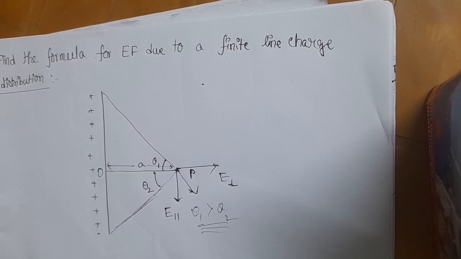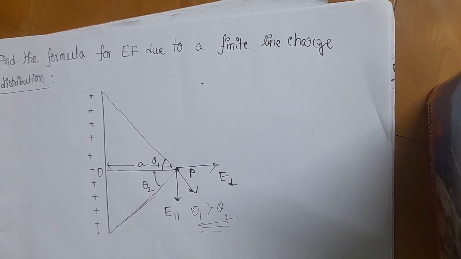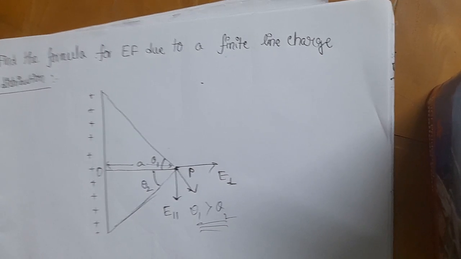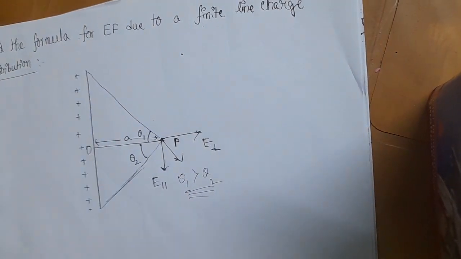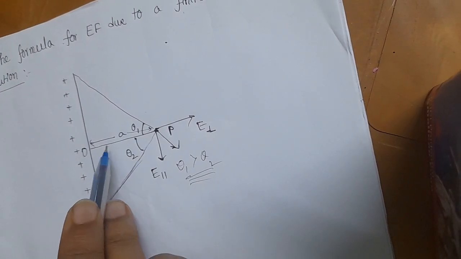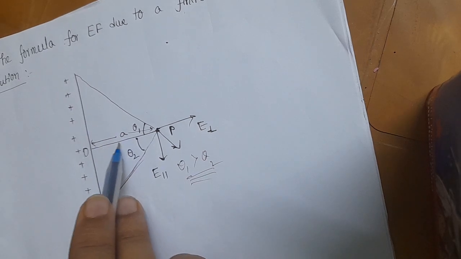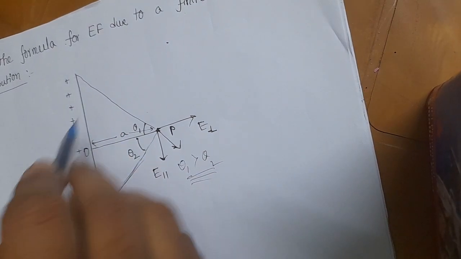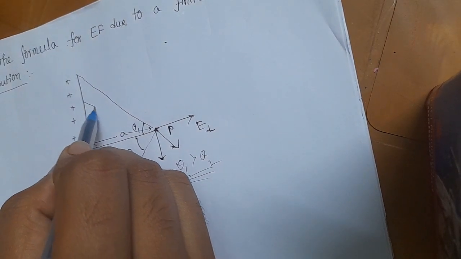Now I will use Coulomb's law here. I am not using Gauss's law here. Why I am not using Gauss's law, I will not tell; you have to answer that to me in the comment section. The only thing that we get constant here is the distance a. Call this distance r, which is this distance.